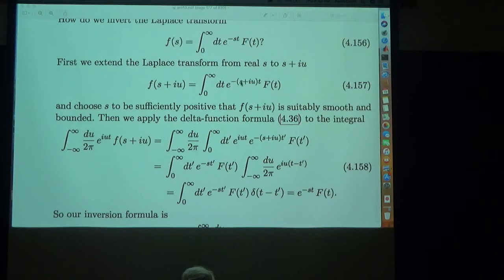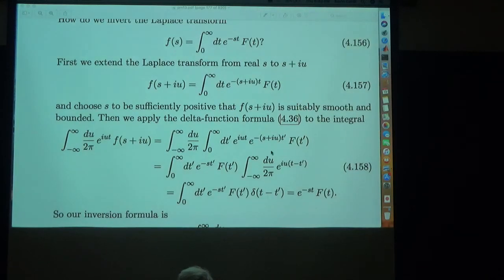And so that's e to the minus (s plus iu) times t. And then we want to integrate over u. In fact, we want to integrate over the whole real line of u. That means we want to make sure s is large enough so this integral over u will converge. So we just pick s to be sufficiently positive. And then we integrate over u.